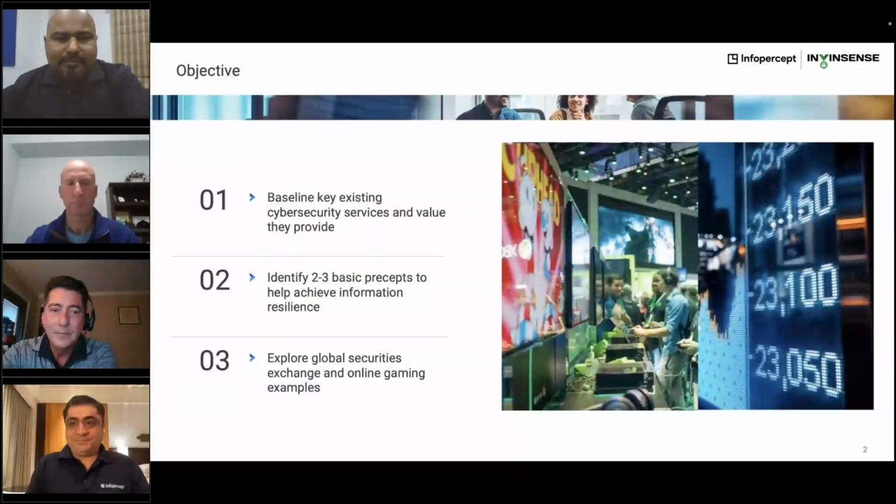The key three areas that we will focus on in today's session are, first of all, baselining certain key cybersecurity service types and the kind of value that they provide overall. Secondly, we will identify 2 to 3 basic precepts that help achieve information resilience, especially in a cybersecurity and information security focused environment and challenges.